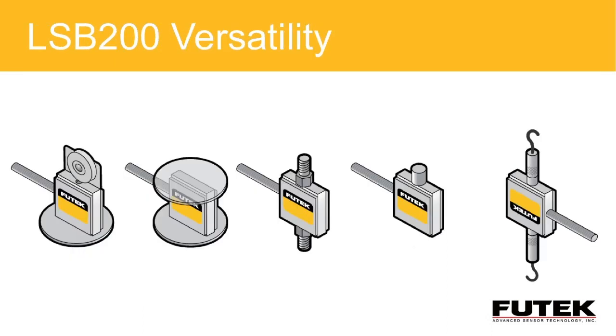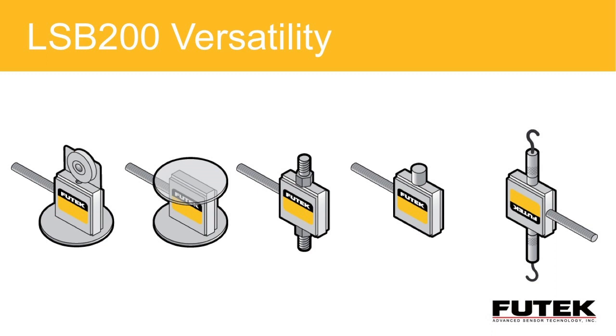Because of the universal design, that of the female-female thread interface, the LSB200 is a very versatile design. Just a couple examples here in this slide of the accessories that are offered and accessories that clients have provided for this load cell, be it a pulley for wire or thread interface, plates for weighing, male thread conversion, buttons, and of course hooks for weighing.